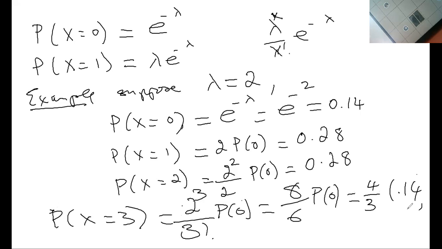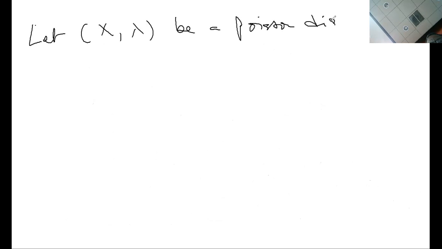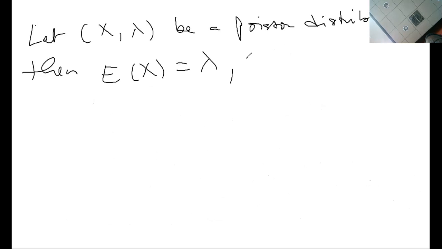So now, let's discuss the mean. Let x be a Poisson distribution. And the mean of x is lambda.